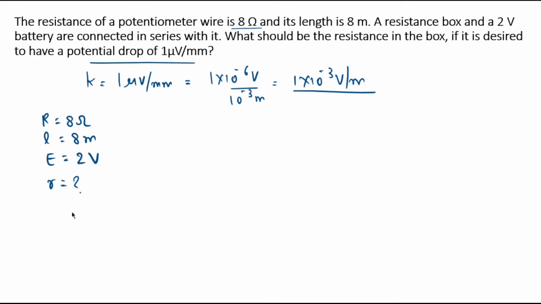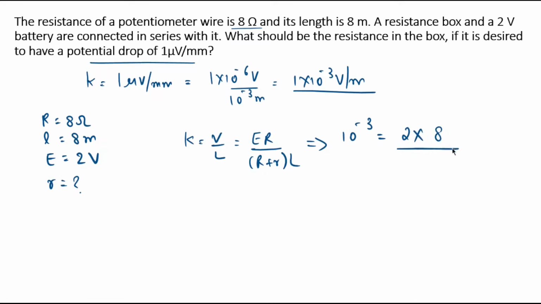So we know the formula for K, which is equal to V by L. Now this can be written as E R upon (R plus r) into L. So this implies our K, 10 raised to minus 3, is equal to E, which is 2, into resistance, which is 8, divided by (resistance 8 plus our internal resistance r) into length 8 meter.